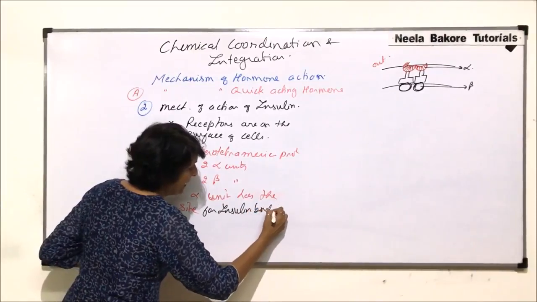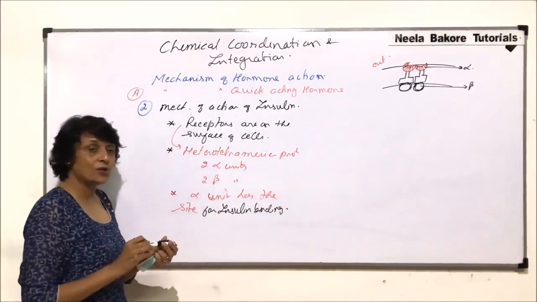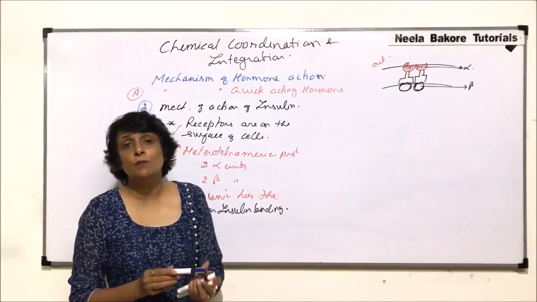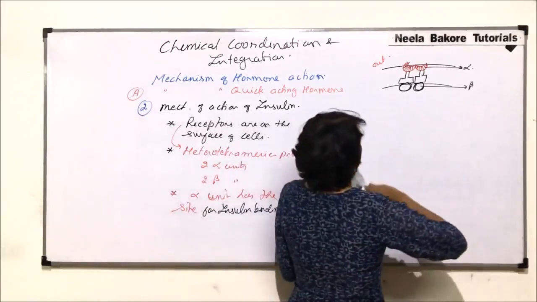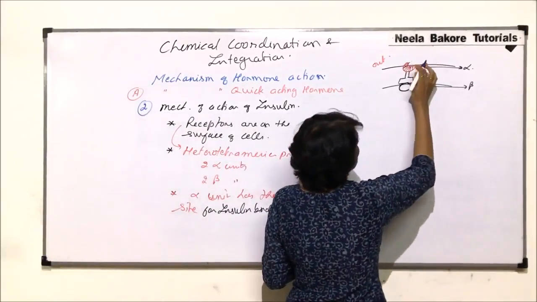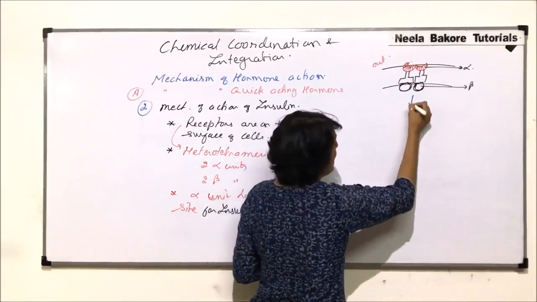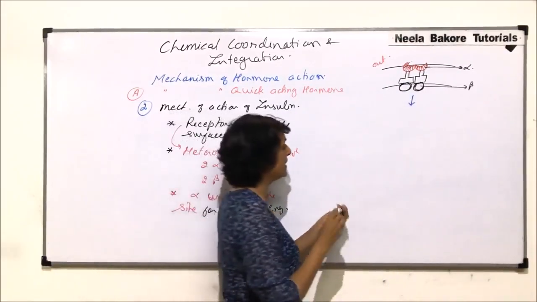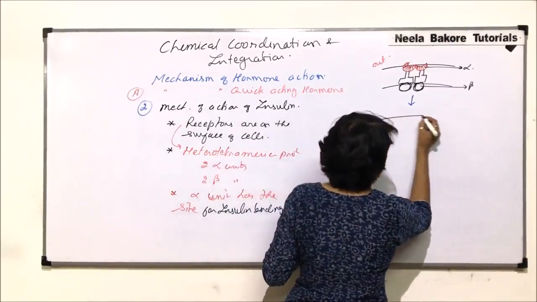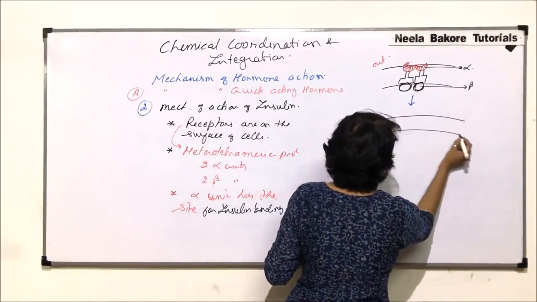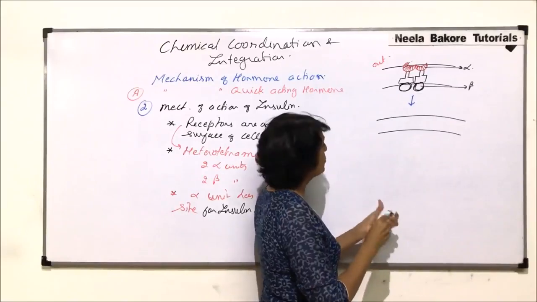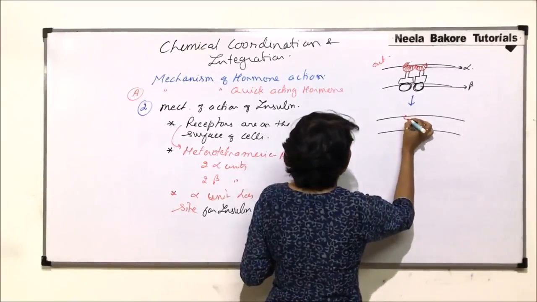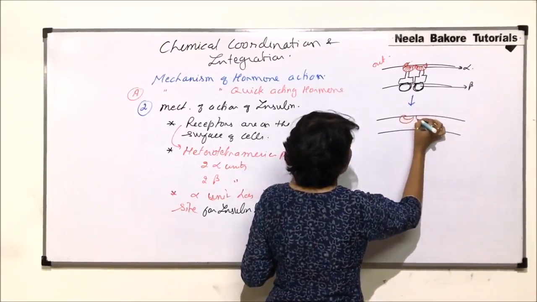So now when insulin has to act, insulin will be released and this insulin is going to bind to this site. So now when insulin binds, what are the changes that are going to take place in this receptor? So I'm going to draw this diagram again and let us draw these 2 alpha units here.